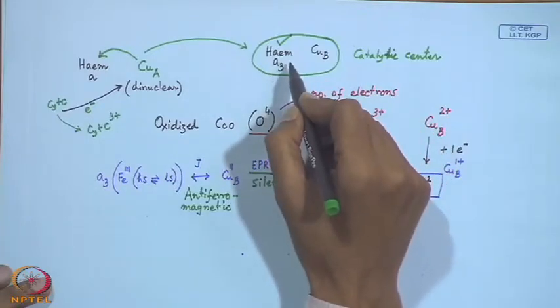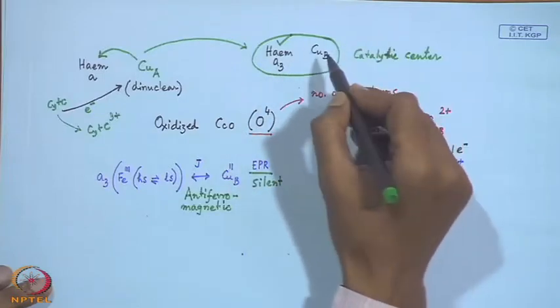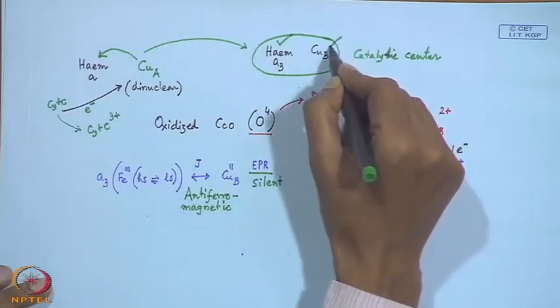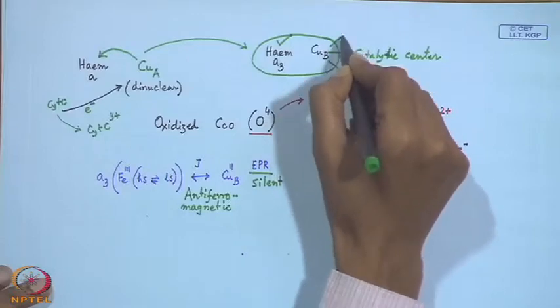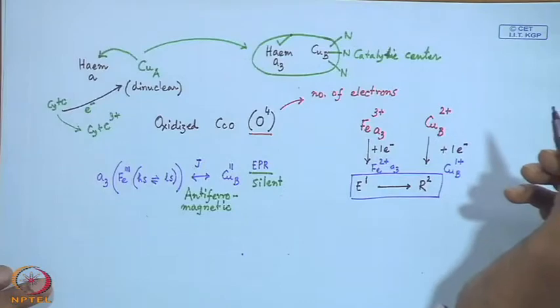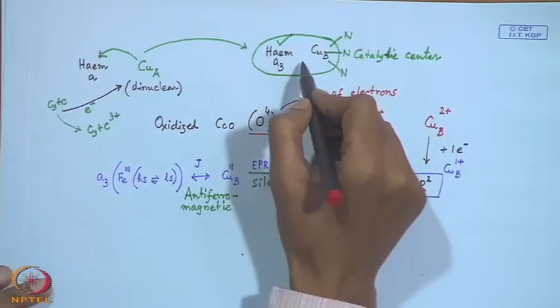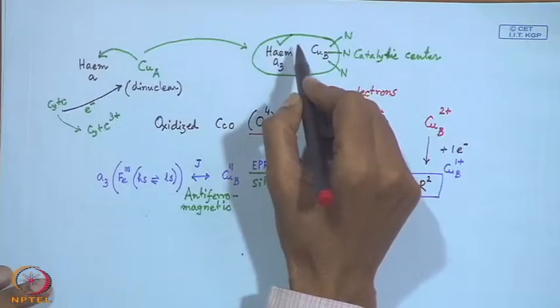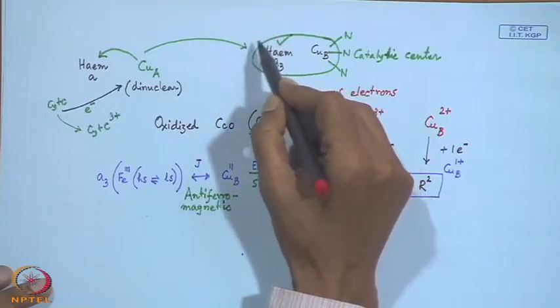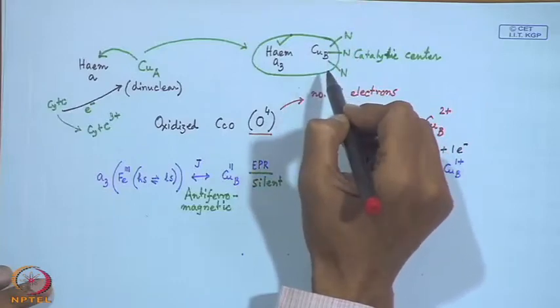So, it has some position which can bind your dioxygen molecule, and also we have seen that this particular copper B site was only bound to 3 nitrogen. So, it is not even 4 coordinated. So, both the iron site as well as your copper site are coordinatively unsaturated, because iron can have a maximum of 6 coordination sites, and copper can have 4 coordination sites.